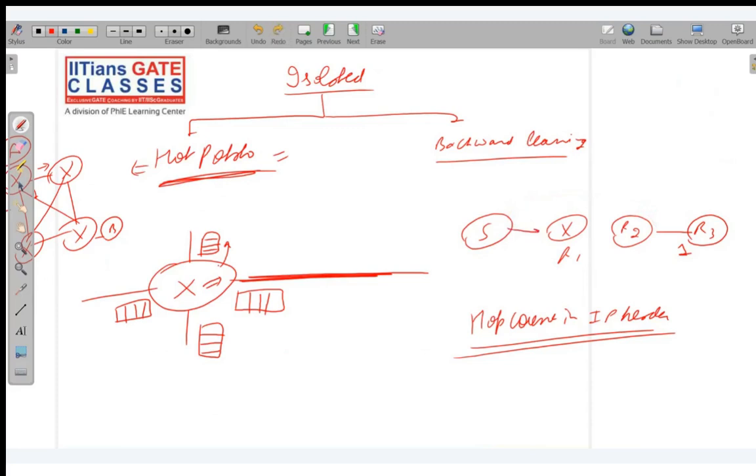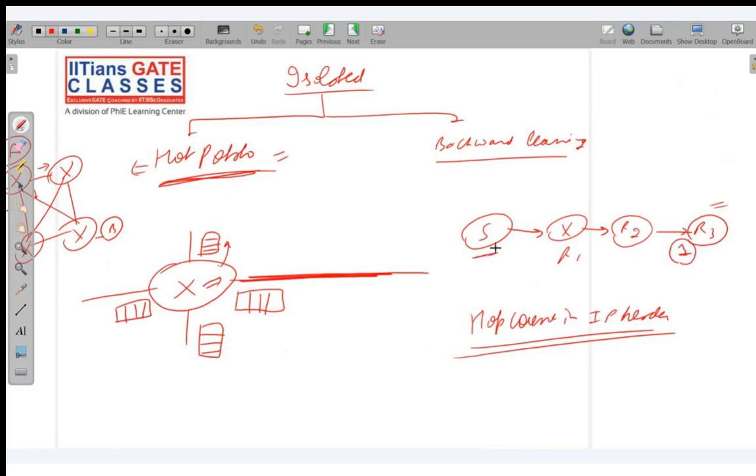For example, S to R1, R1 to R2, and R2 has forwarded the packet to R3. R3 has received from S, the port was 1, and the hop count will be, say, 2. So R3 will say, between me and S two hops are there, and S is connected with port number 1. Are you getting it? Here the router is learning from the packet movements.